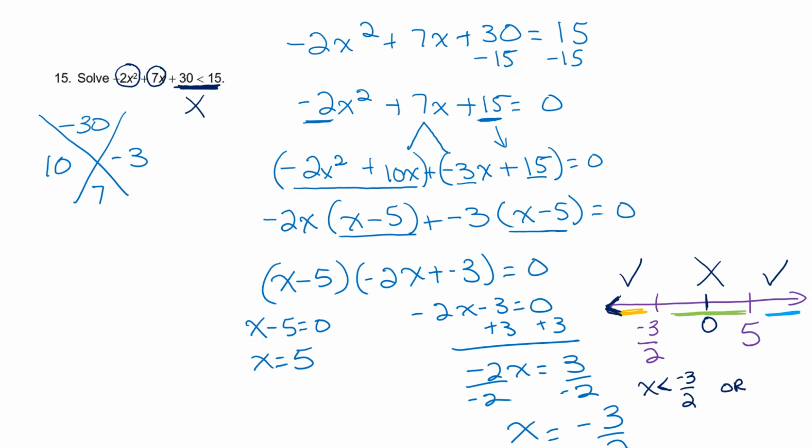Or x has to be, notice that I have an arrow going this way, so I'm going to make my inequality the same way, 5. So I have two checks, and so I have two pieces to my answer. All right, so x could be anything that's less than negative 3 over 2, or x can be anything greater than 5. All right, we're headed down to the home stretch now.